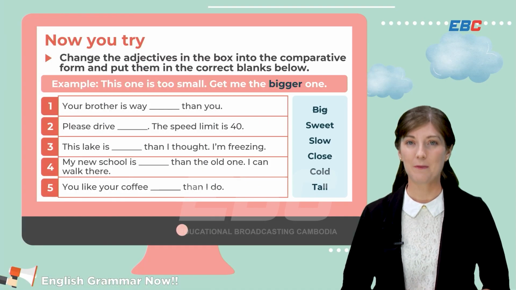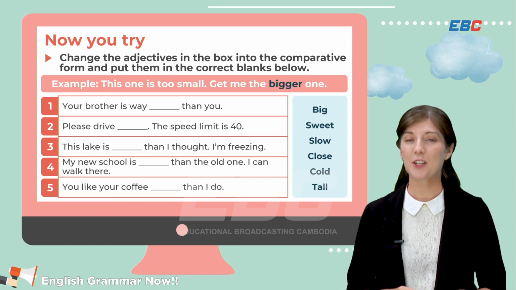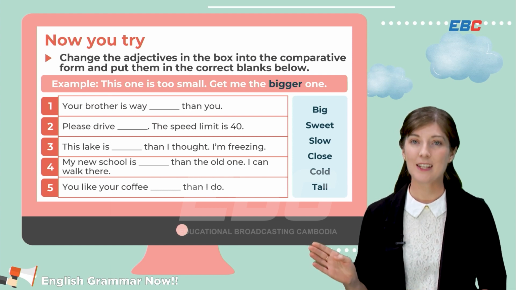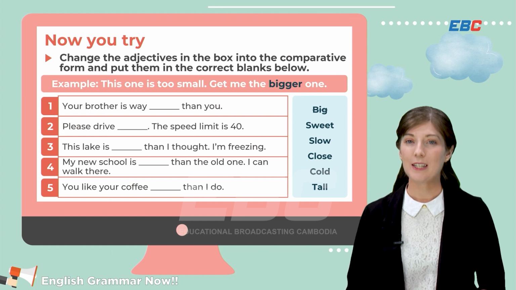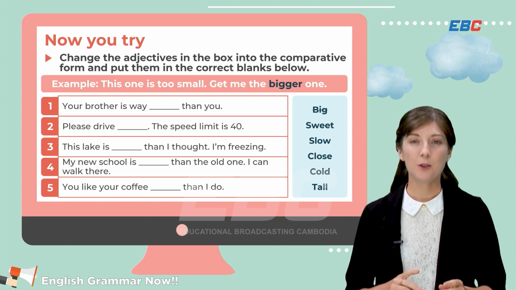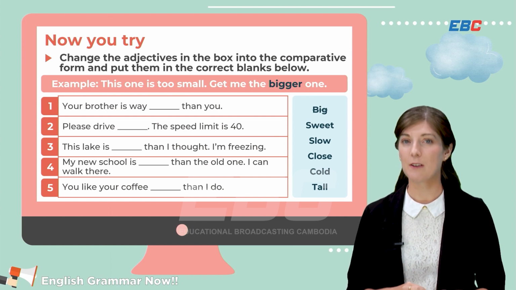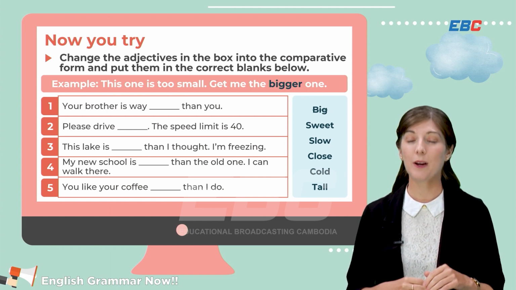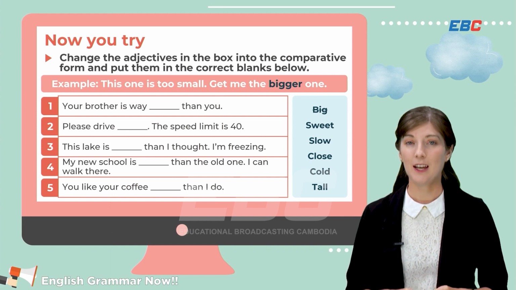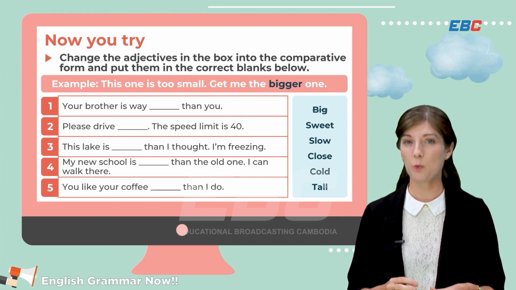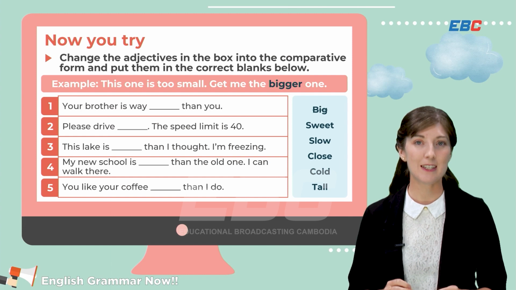Now you try. We have some adjectives in the box on the side. Big, sweet, slow, close, cold, and tall. You can take each of these adjectives and change them into a comparative adjective, and then decide which one will go in each of the sentences.